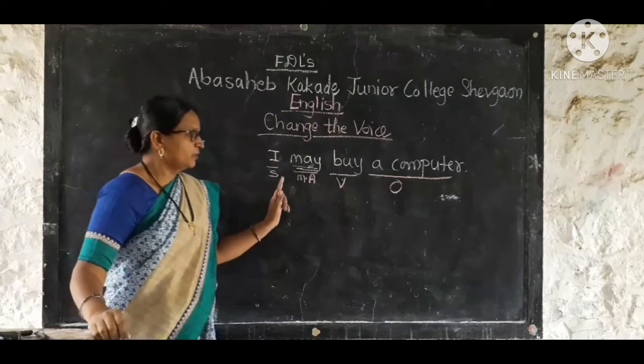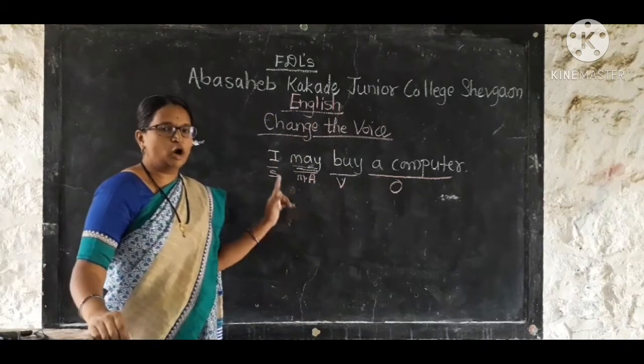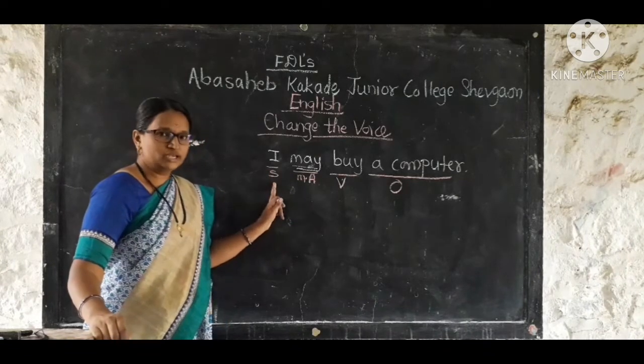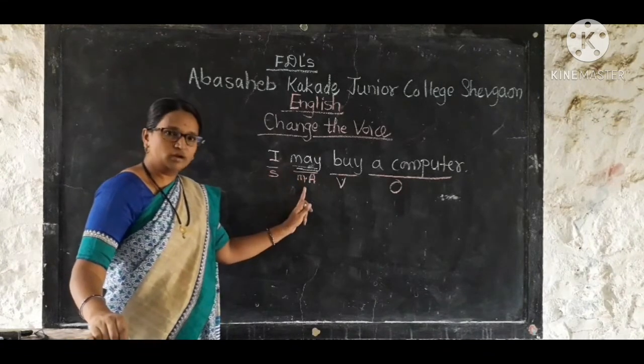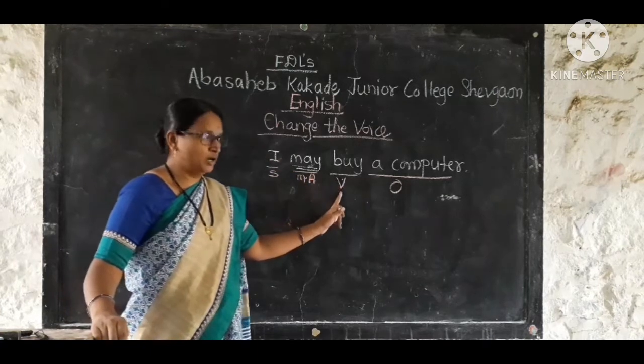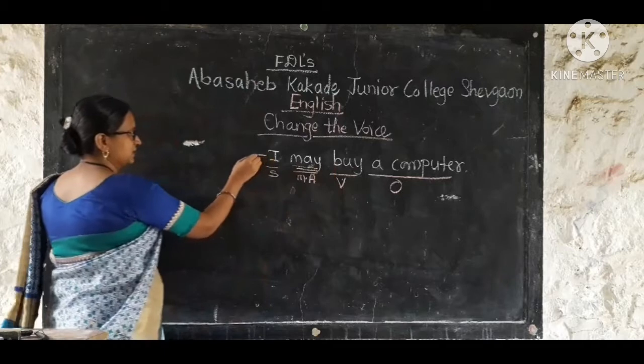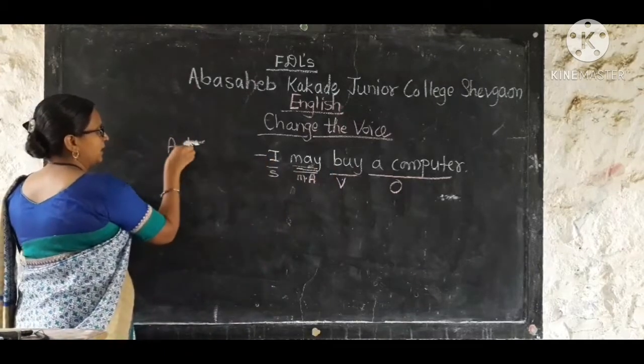Okay, so we got the structure of the sentence having modal auxiliary like subject plus modal auxiliary plus verb plus object, and this particular sentence is of active voice.